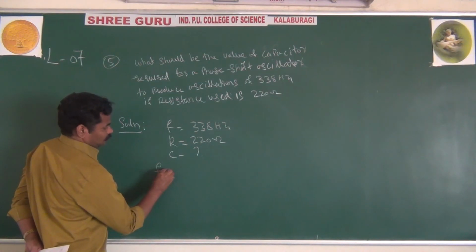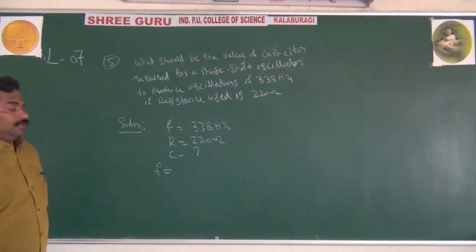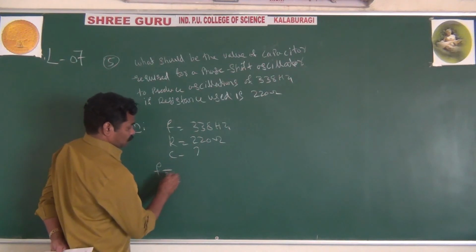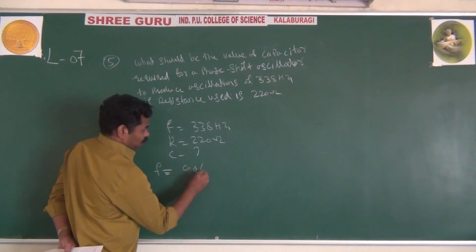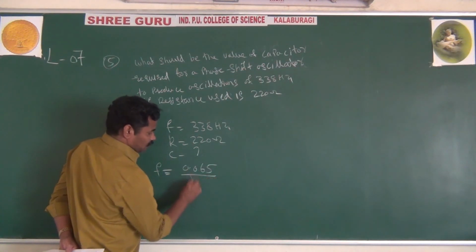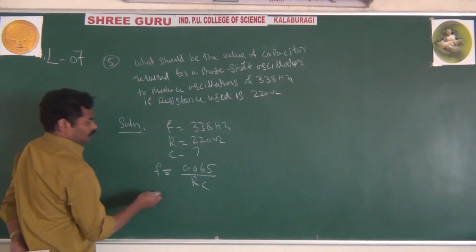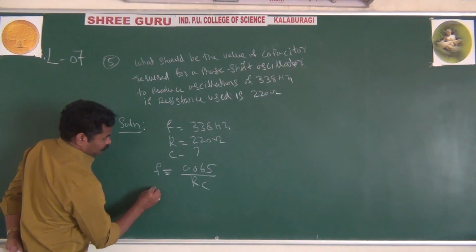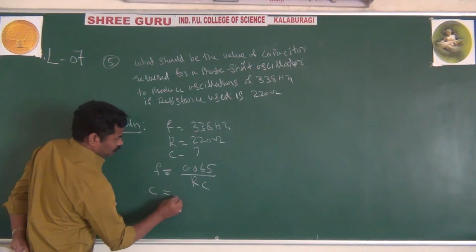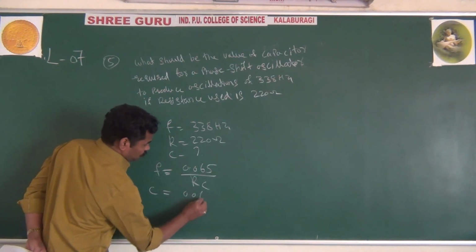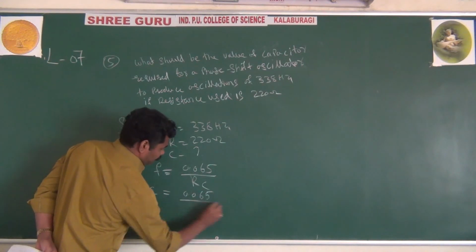F is equal to, as you are going for the phase shift oscillator, you can use the simple formula 0.065 by RC. But we want the C value, they are given R, and in cross multiply we get C equal to 0.065 by RF.